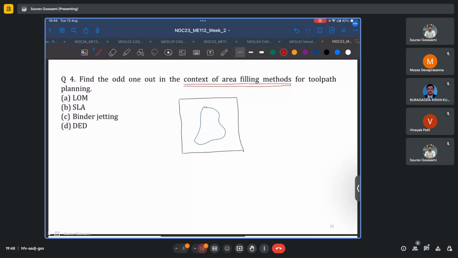But perhaps laminated object manufacturing is the only method where we are more focused on eliminating the unwanted regions. So say this is my desirable region, and we are starting with this sheet feedstock. Now we will draw grids, superimpose a Cartesian rectangular grid on this unwanted region.